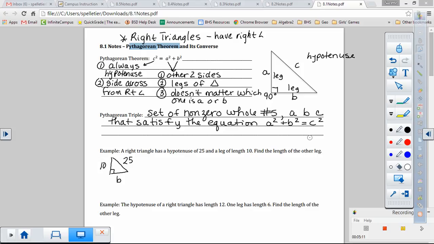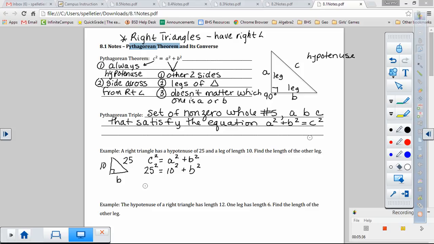You have one leg and you're finding the other. So then I'm going to do c squared equals a squared plus b squared. c always represents my hypotenuse, so I'm going to plug in 25 squared equals a, which I plugged in as 10. So 10 squared plus b squared, and now we're just going to solve to figure out how much the other leg is.